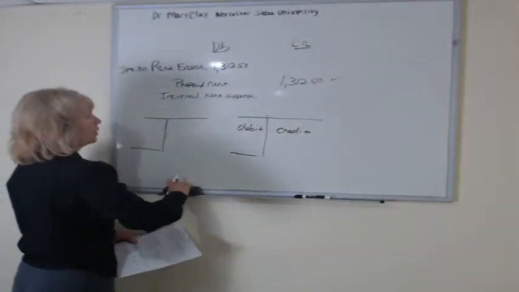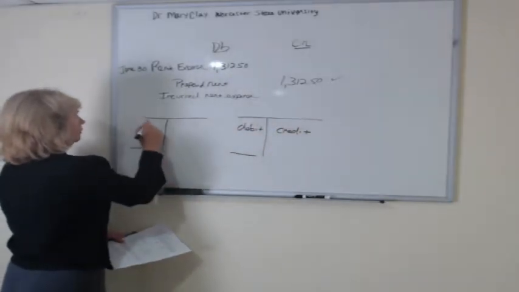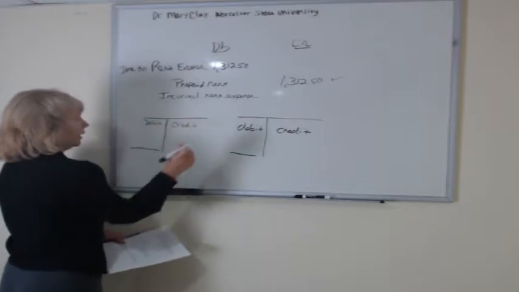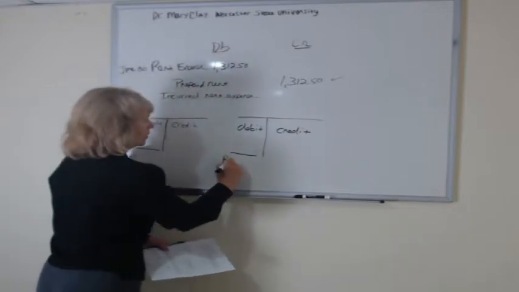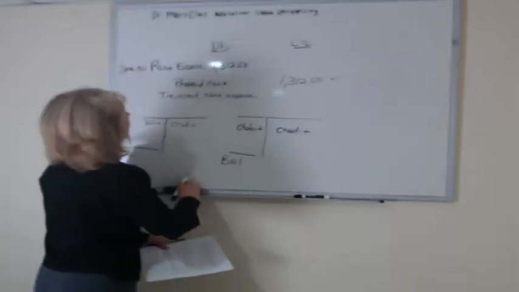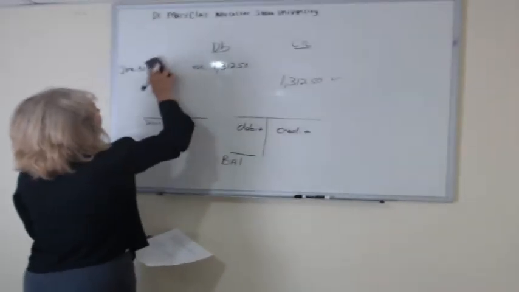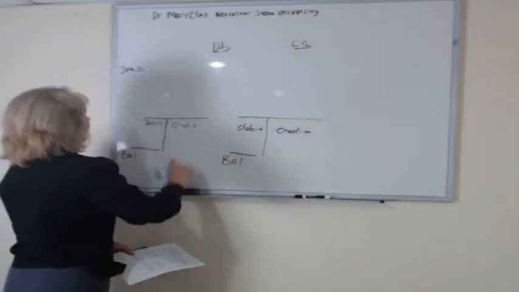All right, so then I've got debit, credit, and here's my balance. And here's my balance. Okay? All right, now I'm erasing. And I'm going to do the next adjusting entry.